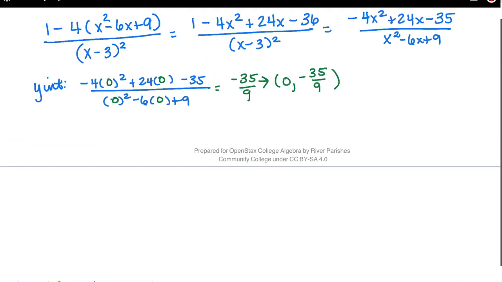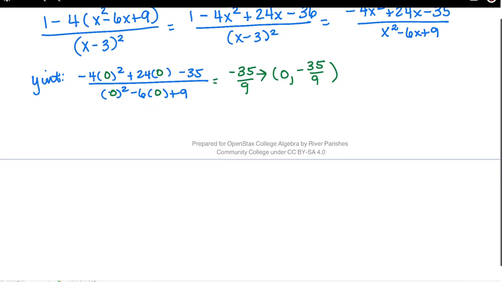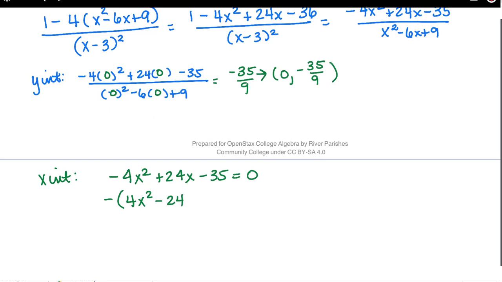Alright, so to find the x-intercepts, we take the numerator, negative 4x squared plus 24x minus 35, and we set that equal to 0. So I'm going to factor out a negative, and that leaves 4x squared minus 24x plus 35.